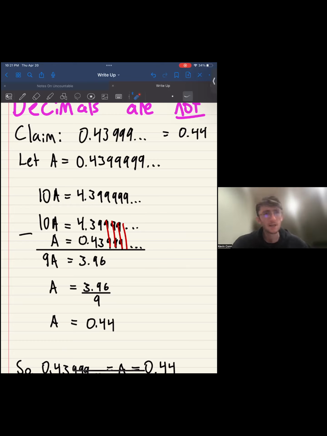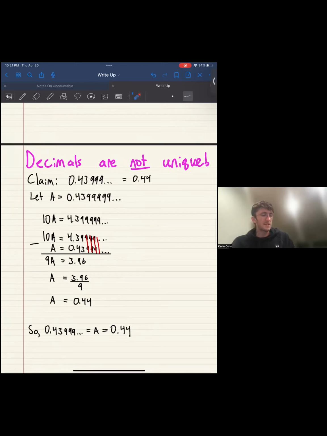That's what we're going with. So again, decimal representations are not unique. We need to show and mention this so we can make sure we don't have duplicates in our proof at the end when we show that the real numbers are uncountable.